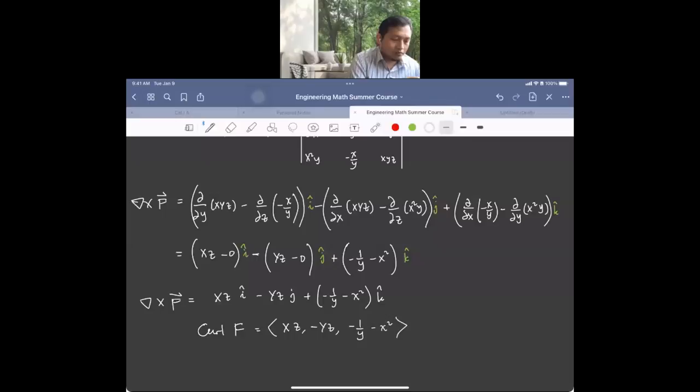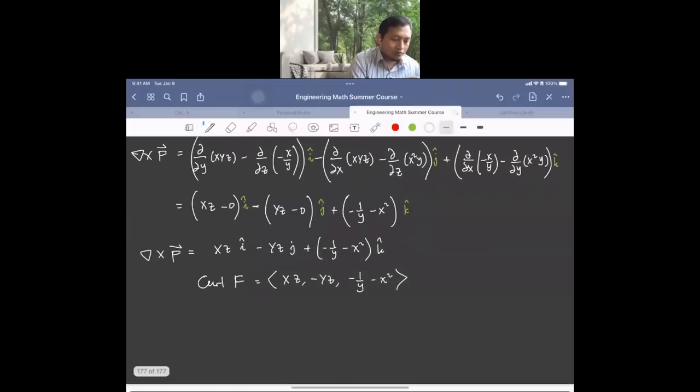Now the curl, like we mentioned before, is resulting in a vector field. So this is a vector, right?